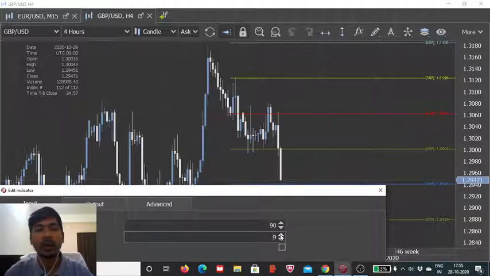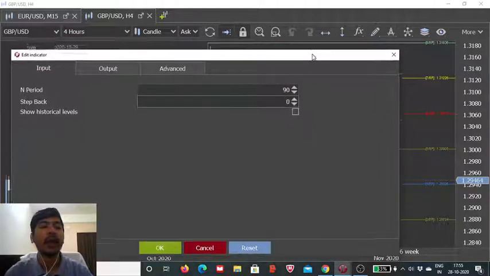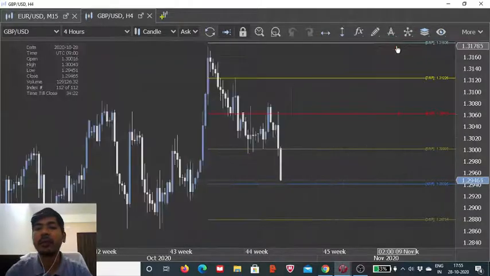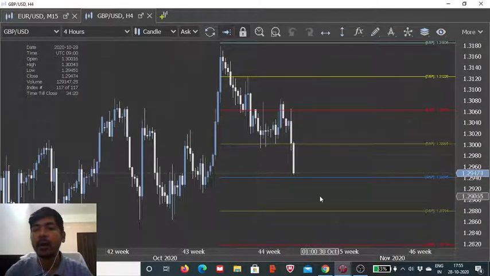So as I am stepping back by, say, 10 time periods, the value has moved rightwards, and if we again increase the value, you can see that it is shifting the channel rightwards. Now as I'm reducing it, it is shifting the channel leftwards. So this is basically the variable using which you can control the channel formation, and the values will be displayed accordingly.